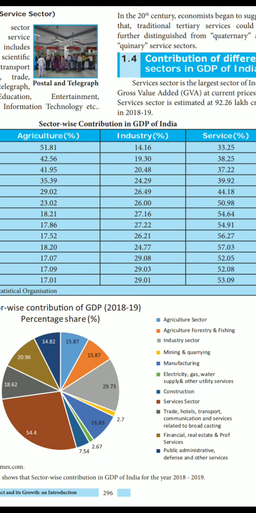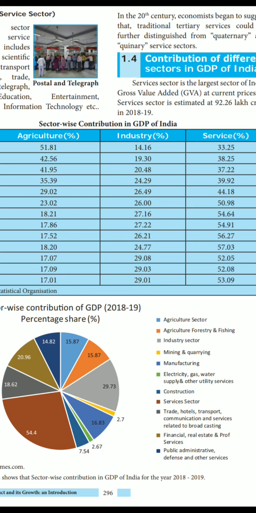29.73 percentage. Mining and quarrying, 2.7 percentage only. Next, manufacturing sector, that is 16.83 percentage. Electricity, gas, water supply and other utility service, how many percentage of GDP? 2.67 percentage. Next, construction, how much percentage? It was 7.54 percentage.